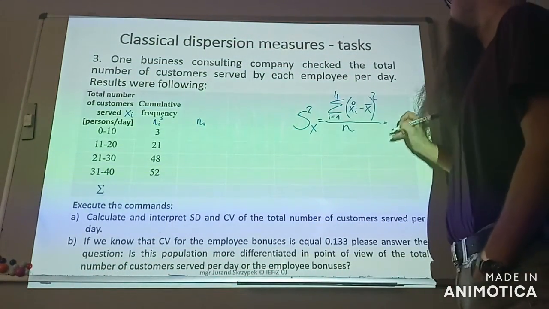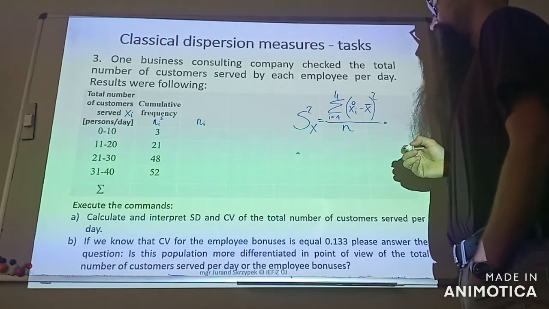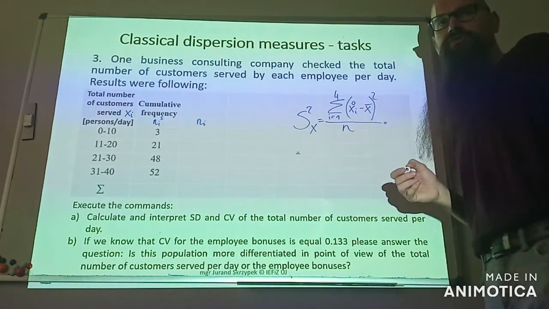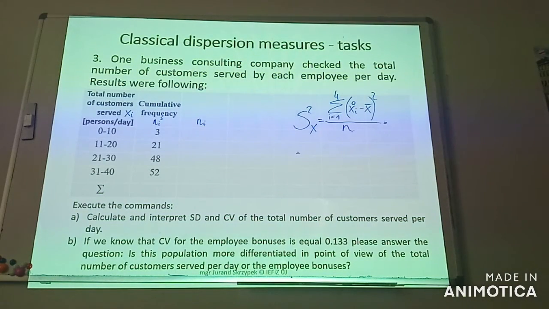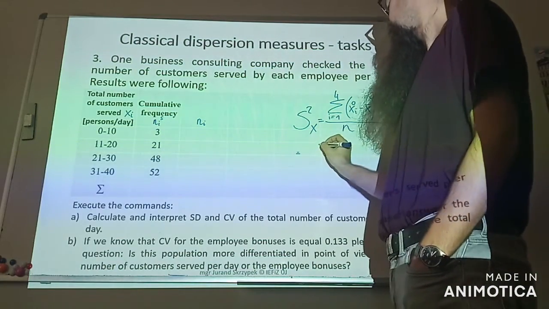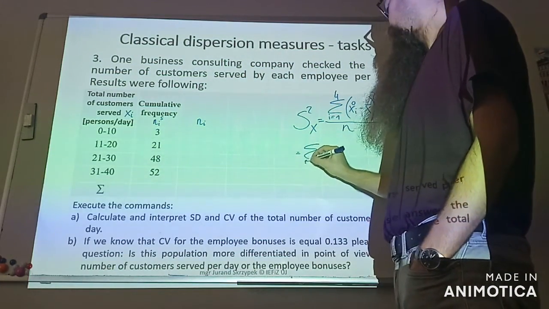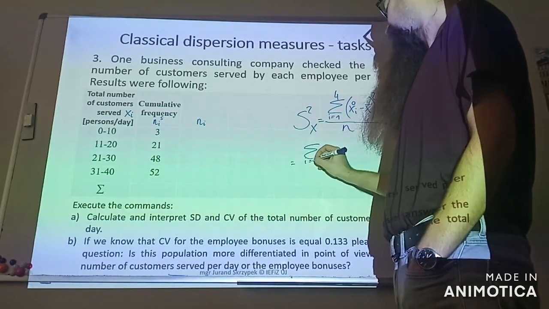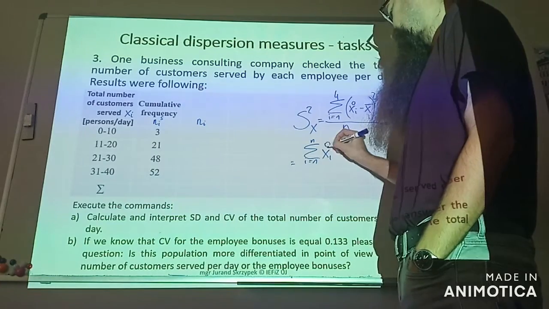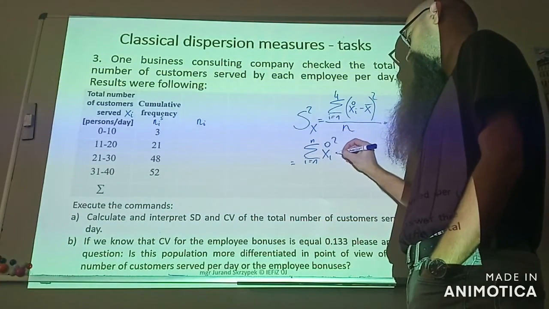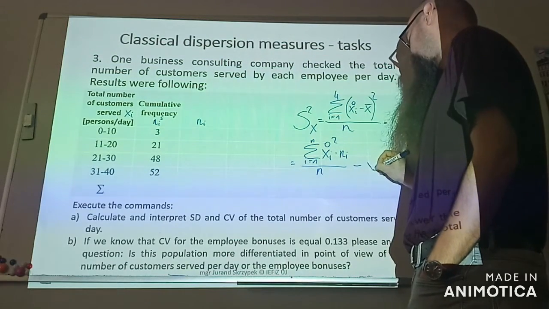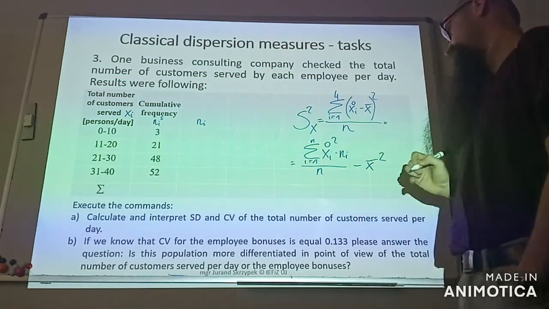But as you remember, here I am able to use the transformed version of my formula for variance, which is the sum from i equal 1 up to k of squared middle of the classes multiplied by ni's divided by n minus mean value squared.